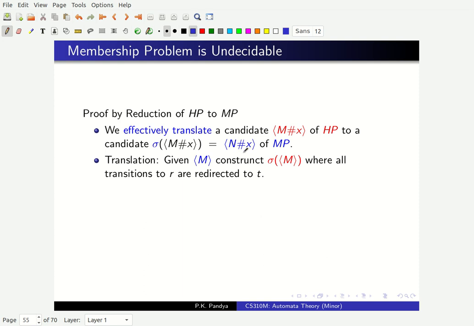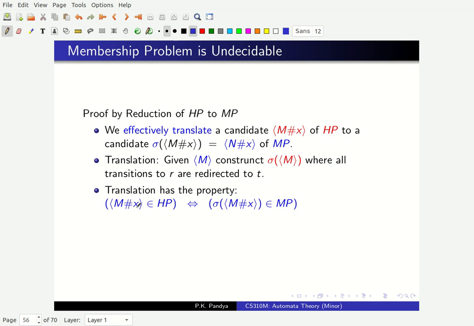And otherwise it will loop. And I can easily change the code of machine M to the code of N with this property, right? So this is the transformation we have done. And it's easy to do using a Turing machine. It will just scan through the transition table, and for every rejecting transition, it will redirect it to an accepting transition, right?